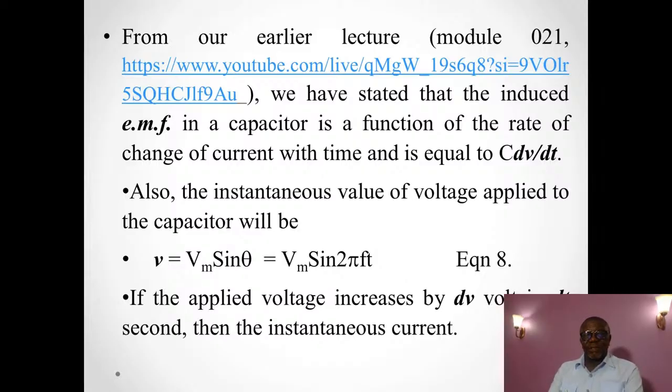Also, the instantaneous value of voltage applied to the capacitor will then be v equals Vm sine theta, just like before. In this case now, Vm sine 2 pi ft, equation 8. We have seen a similar equation when we were looking at the purely inductive circuit.